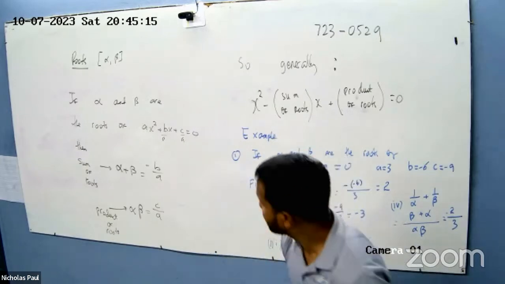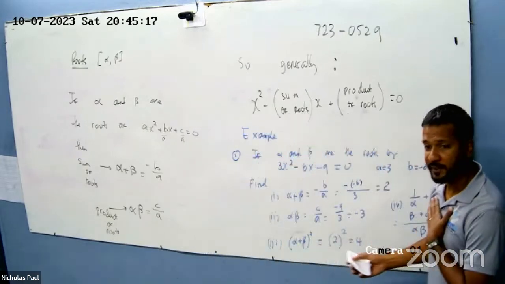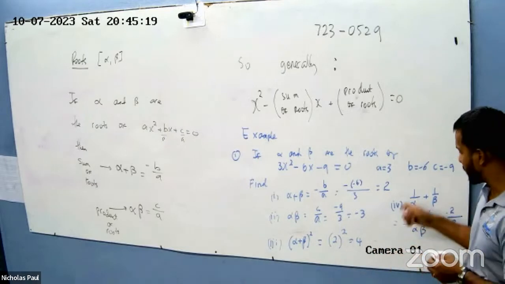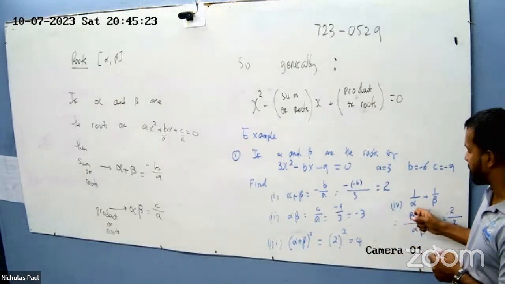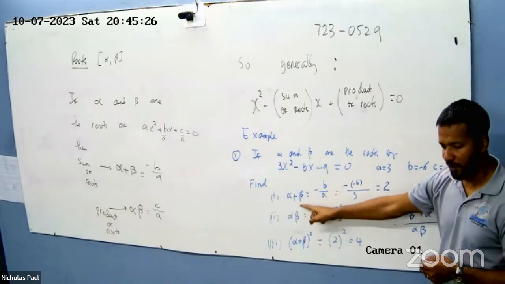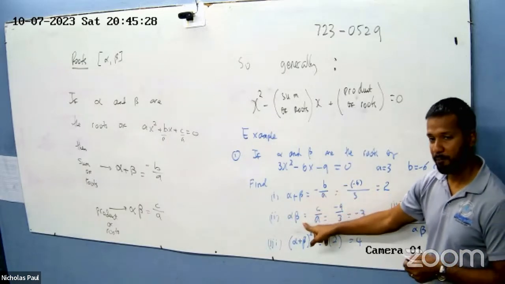Right, let us continue. Everybody here with us? So the trick will come in being able to simplify this. You have to be able to simplify this in terms of alpha plus beta and alpha by beta.